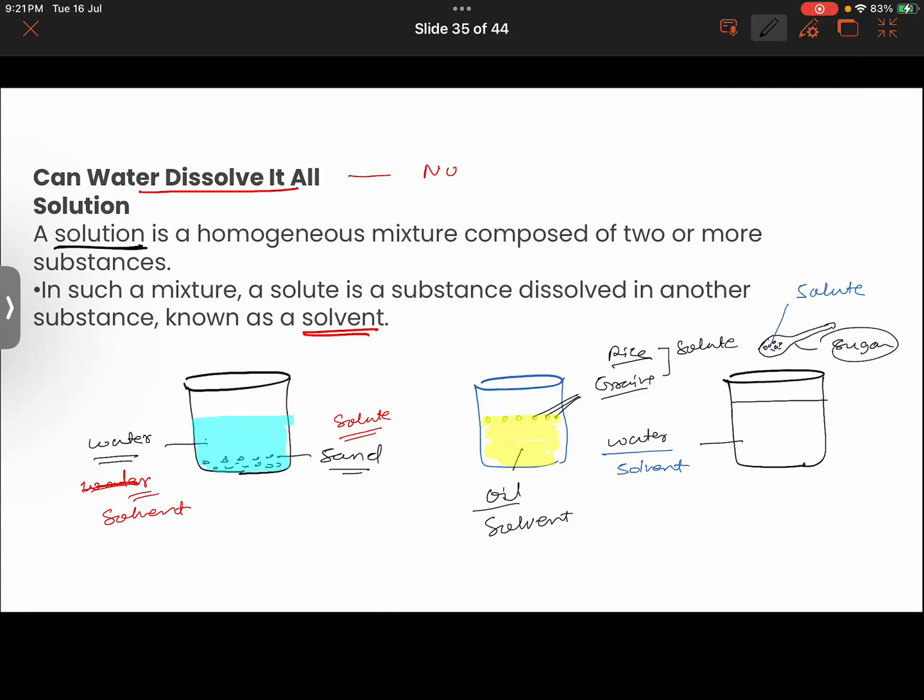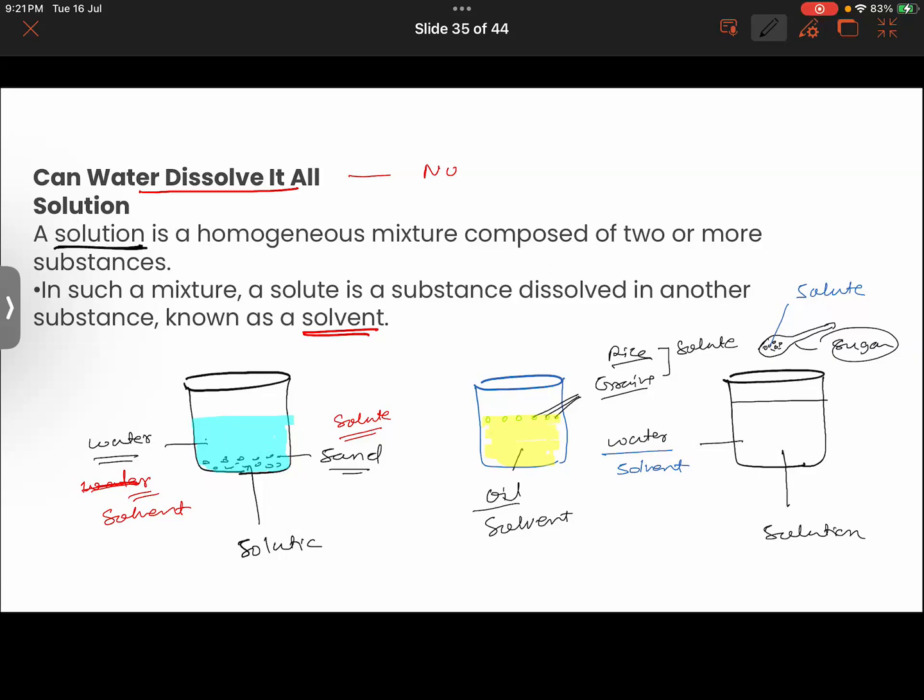A solution is basically a mixture of solute and solvent. Like when you mix sand and water, it becomes a solution. When you mix sugar or salt in water, that becomes a solution. The solution will be made up of solute and solvent. Keep that in mind.